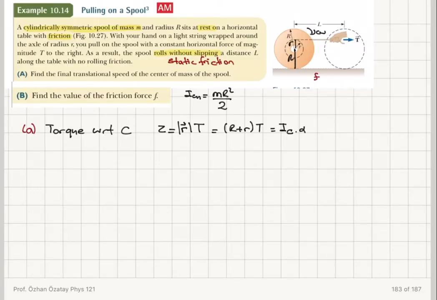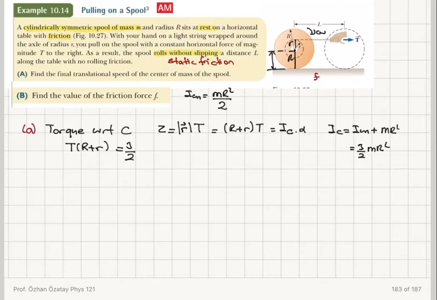The moment of inertia for the center of mass central axis rotations is mr squared over 2. So the moment of inertia with respect to the contact point will be I center of mass plus mr squared. I look at the distance between the 2 points, it's r, so it's mr squared. So this will be equal to 3 over 2 mr squared.